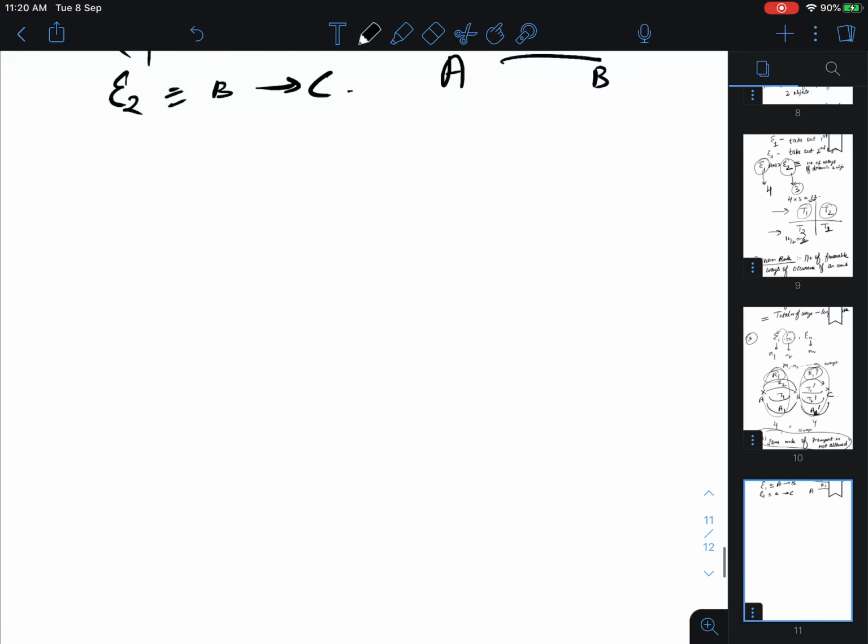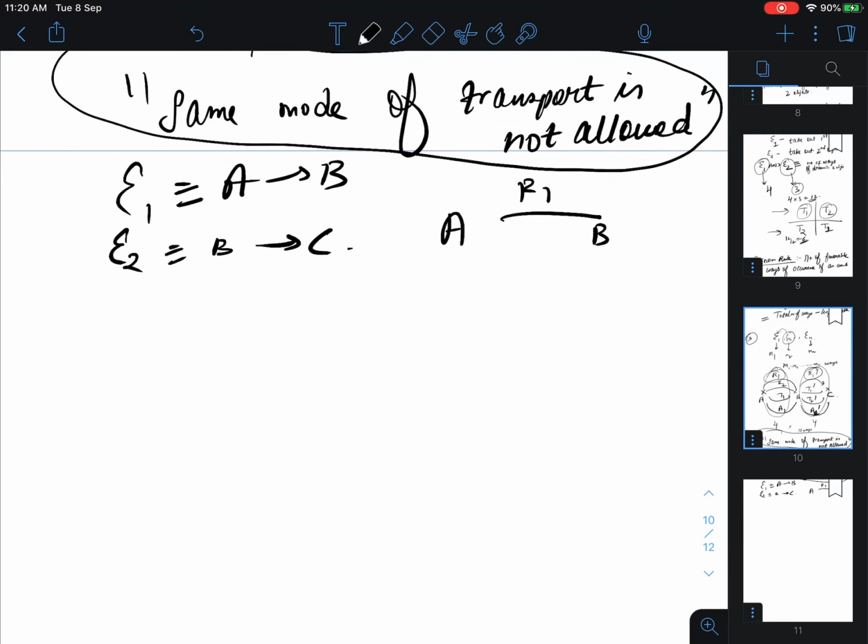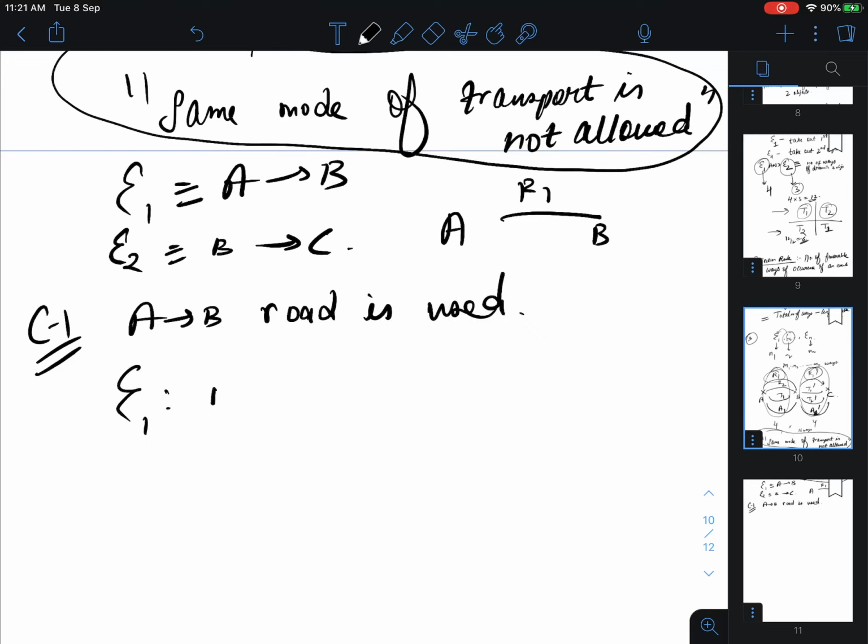Okay, so what to do in such cases? Well, if the events are not independent, then make mutually exclusive cases. Suppose if we were to solve this question, then how would we proceed? We make mutually exclusive cases. So case 1, let's say from A to B road is used. Now event E1 is going from A to B, then how many ways are there?